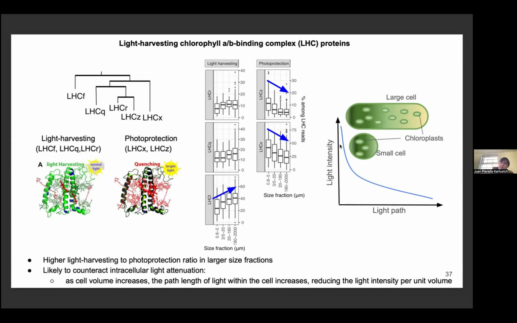Because when the cell volume increases, the path length of light within the cell increases, and this reduces the light intensity per unit of volume. So these are some examples of how the photosynthesis machinery is fine-tuned according to conditions like depth or cell volume.